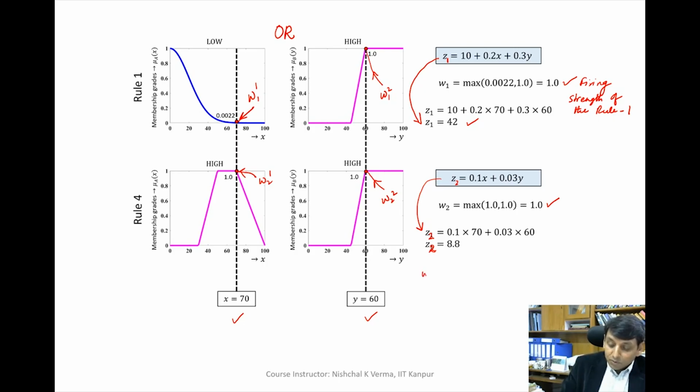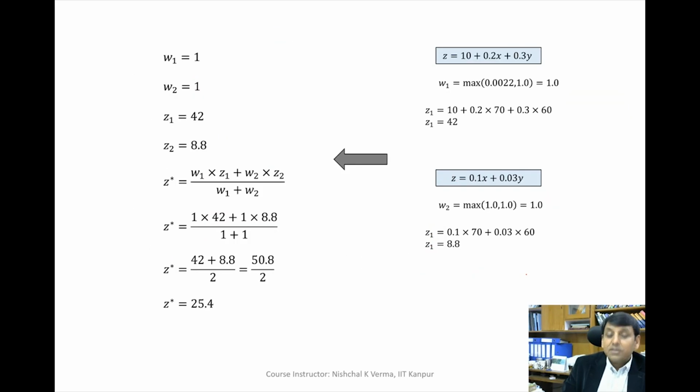So now we have what? We have W1, we have W2, we have Z1, we have Z2. Now we can very easily get the weighted average of these outputs corresponding to rule number 1 and rule number 4. See here.